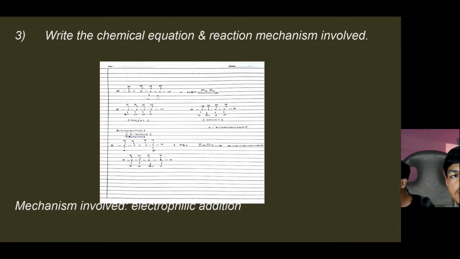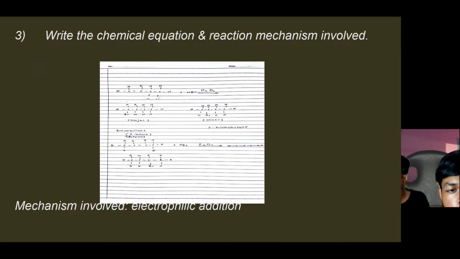Okay. For the third question, write the chemical equation and reaction mechanism involved. The mechanism involved is electrophilic addition. We can see that 1-butene reacts with hydrogen bromide in hydrogen peroxide and produces two structures, major and minor.